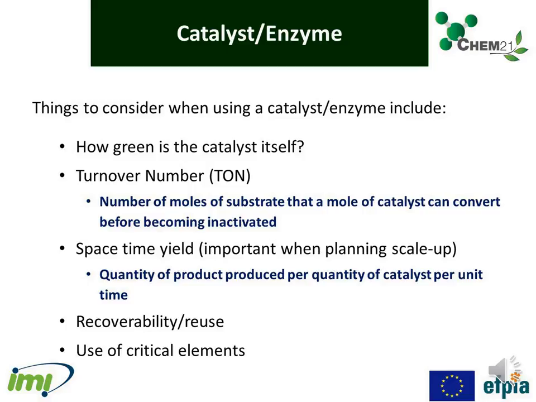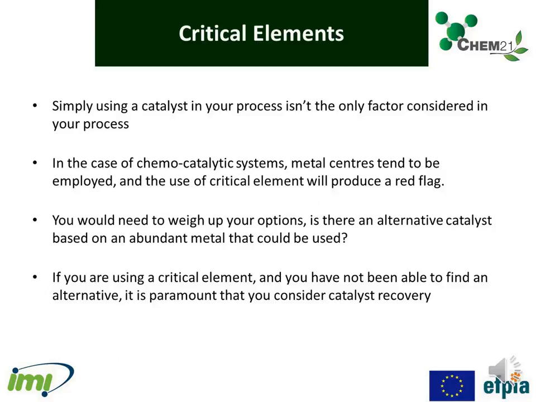And then another aspect is use of critical elements. Now, a lot of the catalytic systems we depend on nowadays do use platinum group metals based catalysts. That isn't the only factor you have to consider.